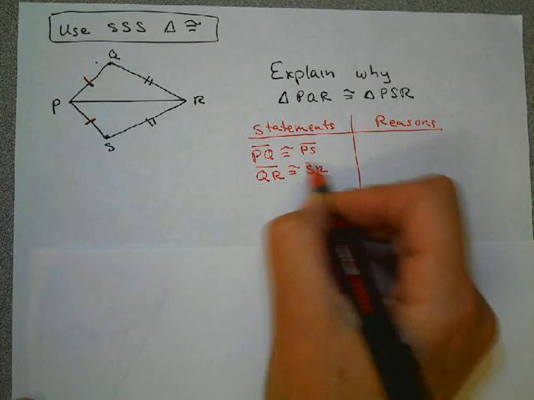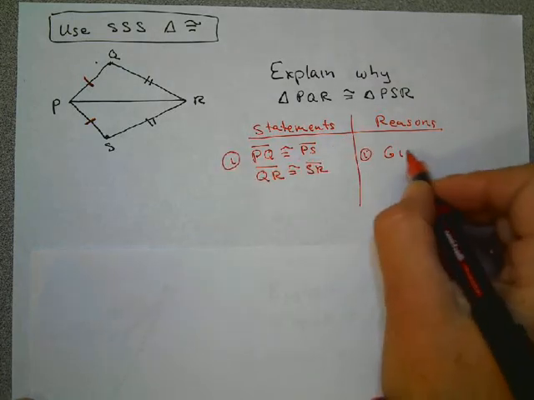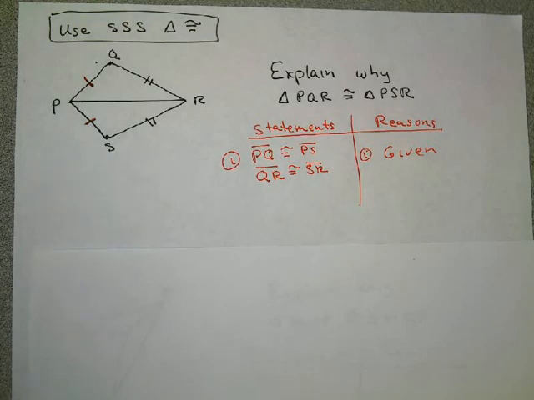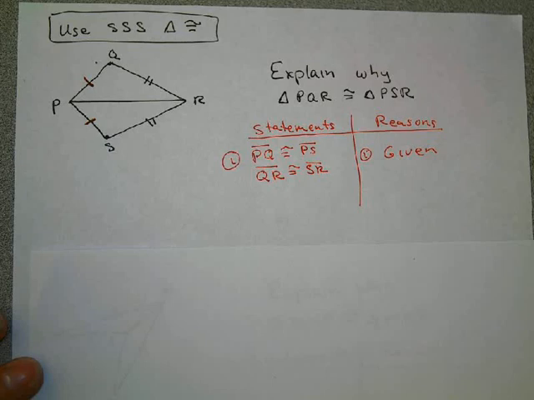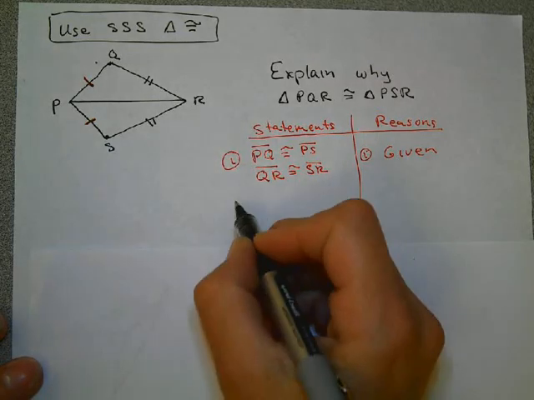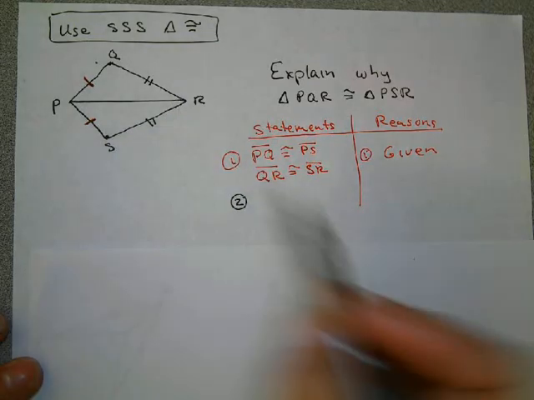Now my only problem is I need side, side, side triangle congruence, and that's only 2 of them. So I look at the third side of each of these triangles, and it's P to R. So I know I have to say PR is congruent to PR, and then the question is, why can I say that?